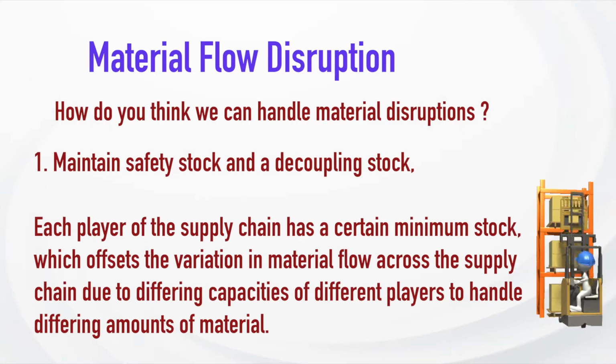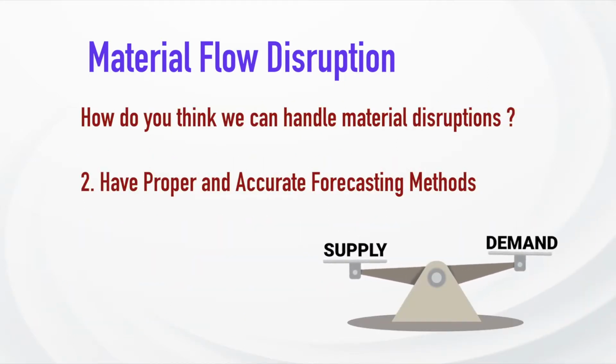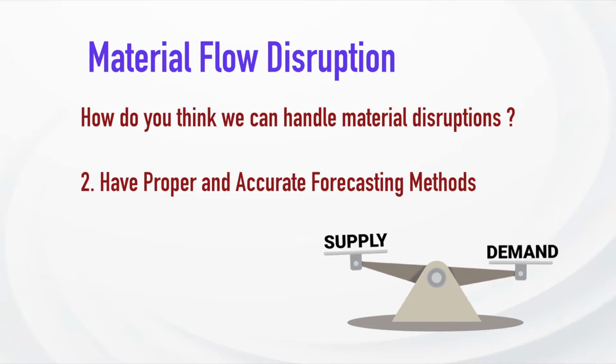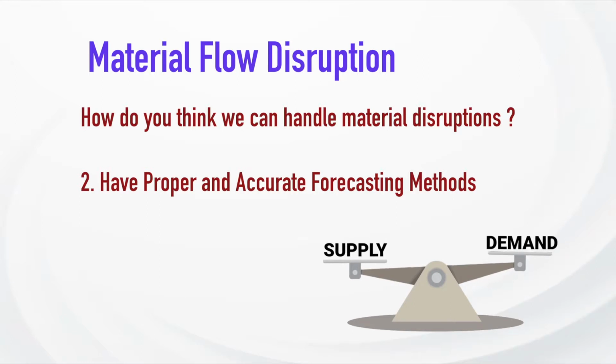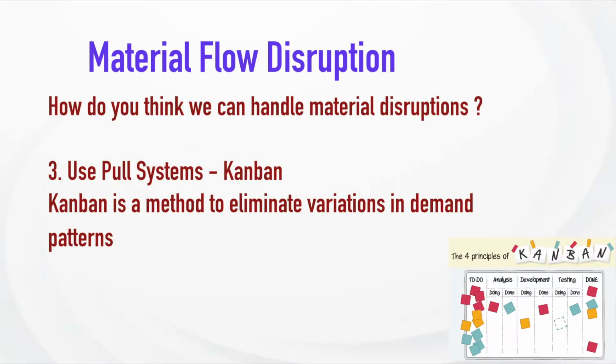The second method of dealing with this is to have a proper and accurate forecasting method. While this is easier said than done, because most players have no clue as to the demand pattern of their customer. The third method is to use a pull system that Toyota called the Kanban.